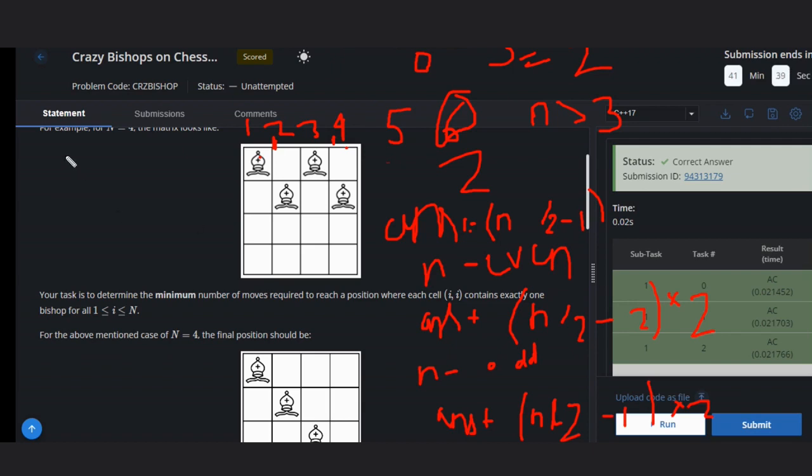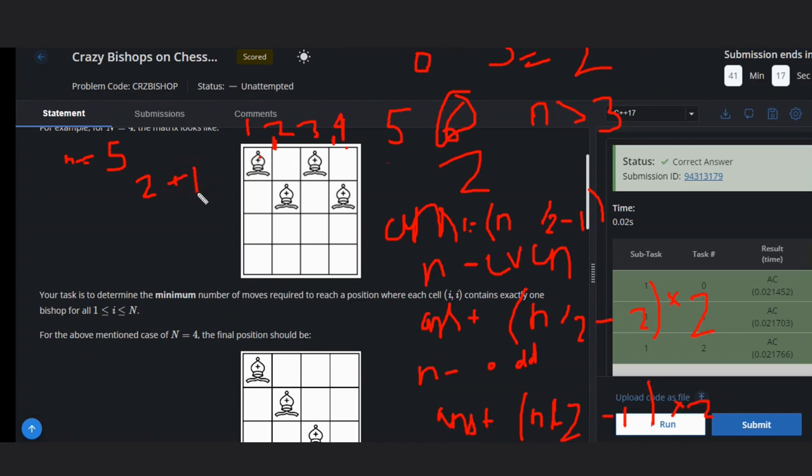So let's take n equal to 5. What will n by 2 be? n by 2 will be 2. Initially the answer is 2 because n is greater than 3. Then we add n by 2 minus 1, which is 2 minus 1, so 1 will be the addition.